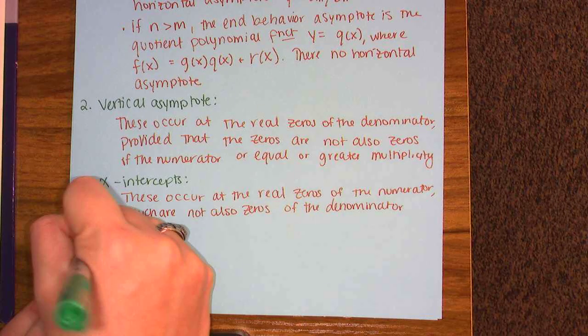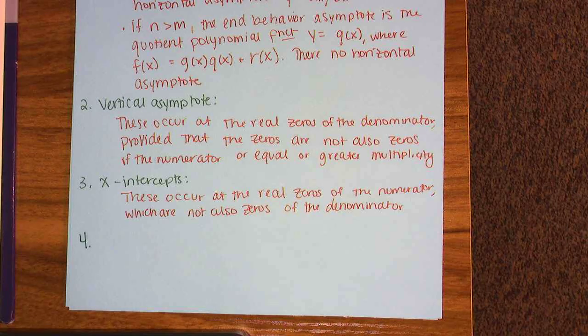So again, essentially a fancy way for saying where it crosses the x-axis. So essentially to find it, you set y equal to 0 and solve for x. So that's why it wouldn't also be something that's a zero of the denominator, because the denominator is going to go away.